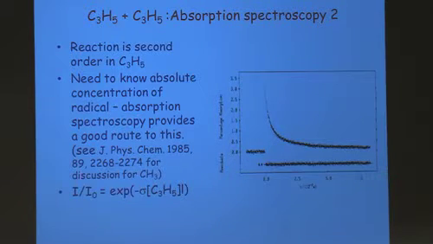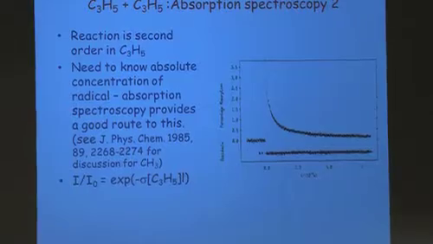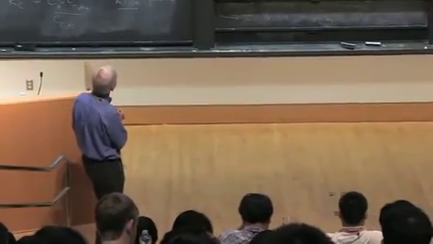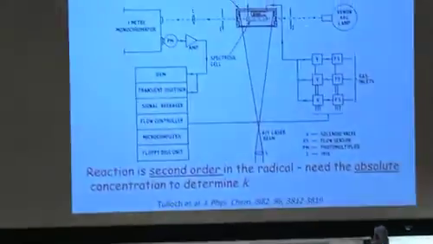And so what you do is you use the Beer-Lambert law, which again you can get more detail on from Professor Hansen's lectures. So this is the light coming through the reaction cell divided by the light going in.